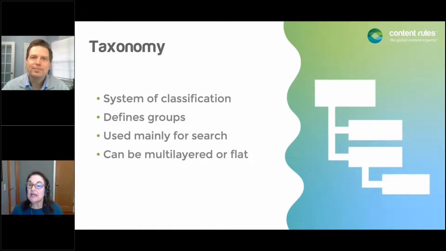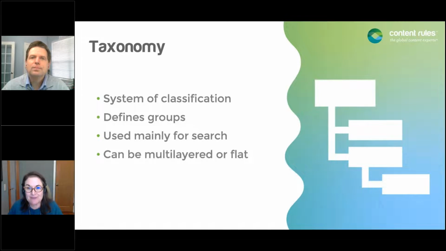Once you have all these little components, you need to be able to organize them. So you need a taxonomy, and a taxonomy is a system of classification. You can think of it as a folder structure, right? It's the structure that you're going to use to organize all of these little pieces of content.